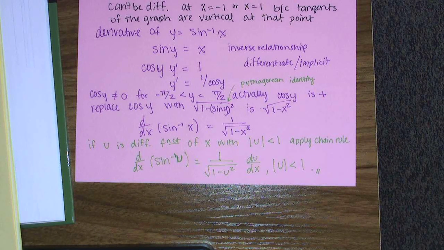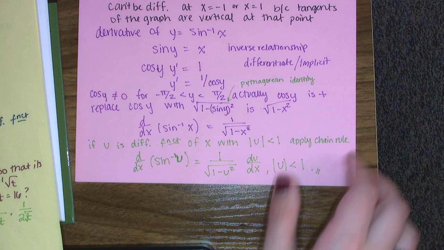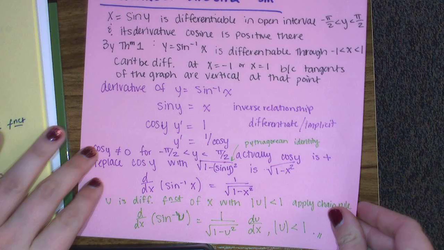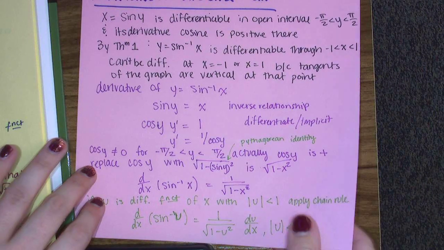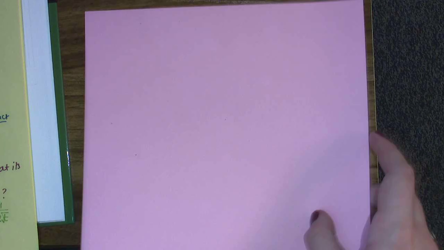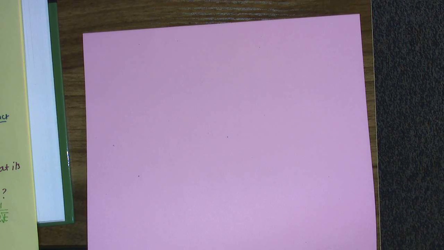Alright, so let's look at the derivative of arctangent then. We'll get into examples of these tomorrow. I'm not going to do examples today. We're just going to get through the notes of it.